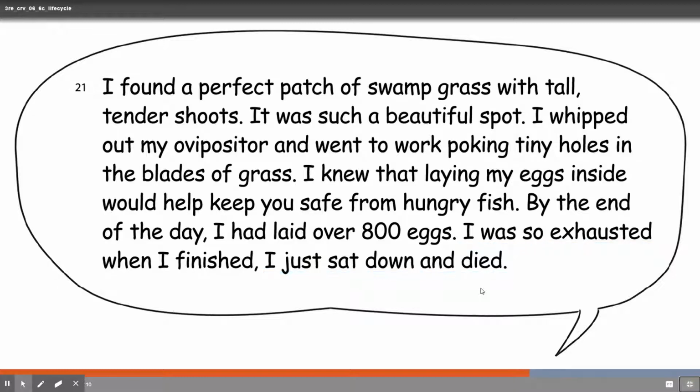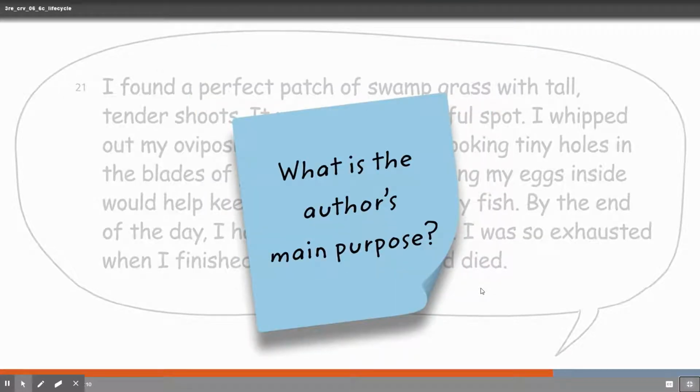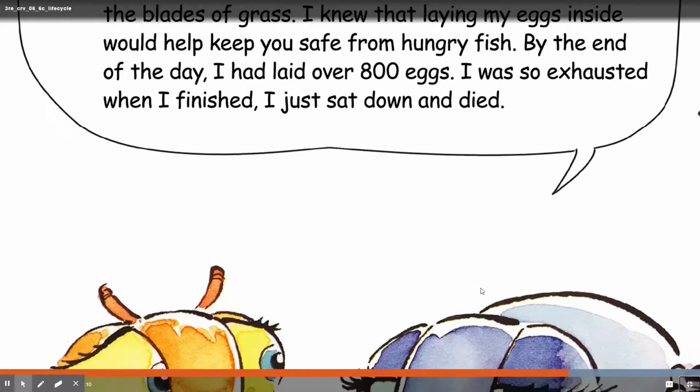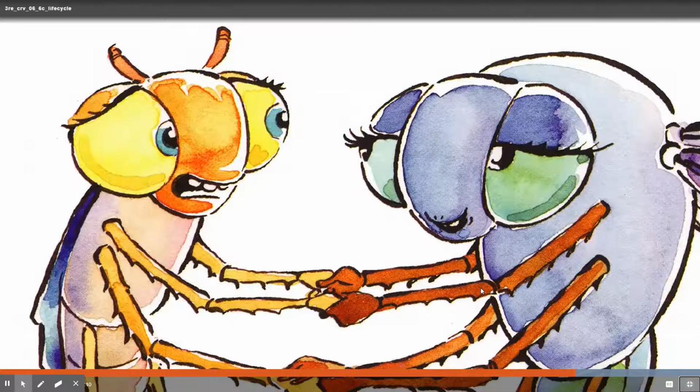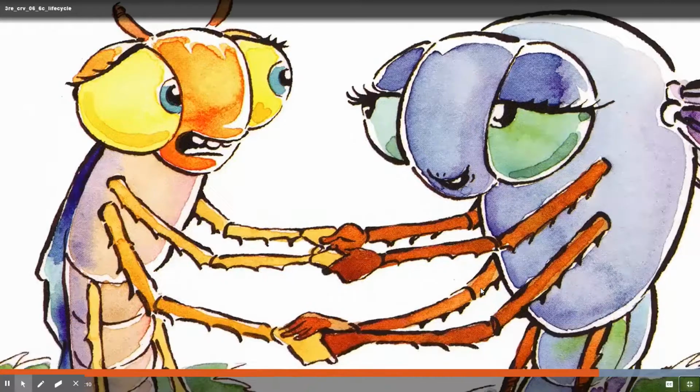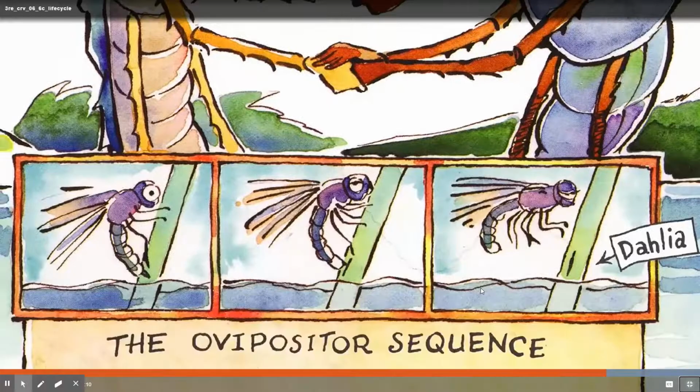So the author has told us a story about how Dahlia the dragonfly was born. Do you think the author's main purpose was to tell a story about a mother and a daughter? I don't think so. It's not really about their relationship. Do you think the author was trying to persuade you of something or to argue about a certain point? No, because this is more about science.